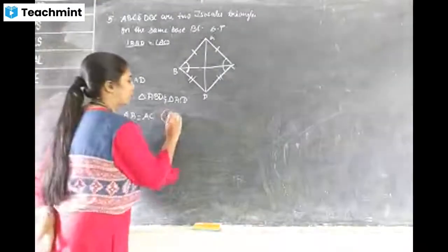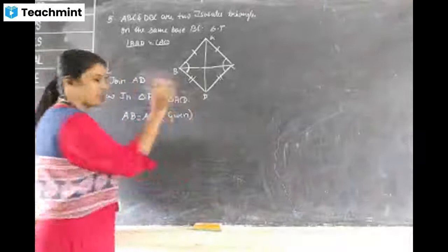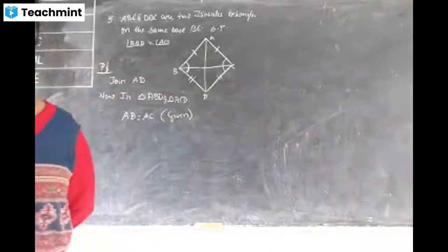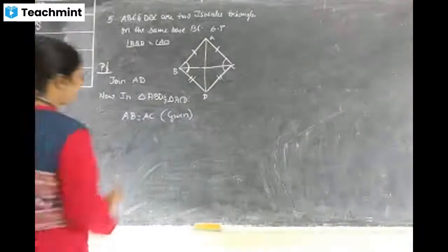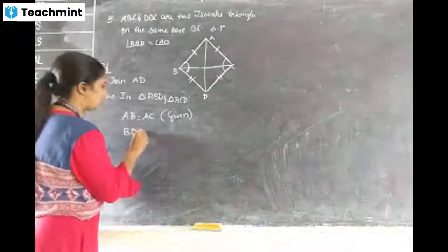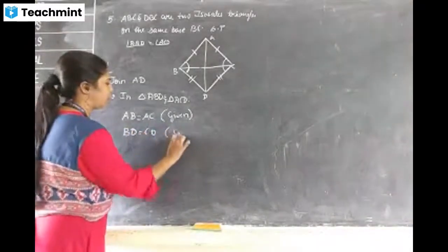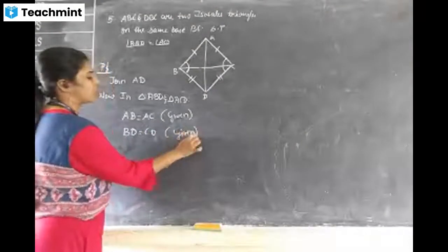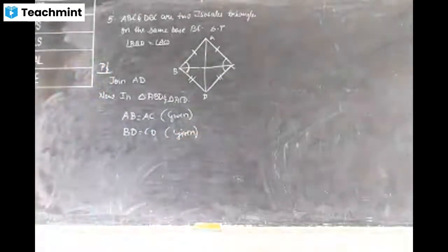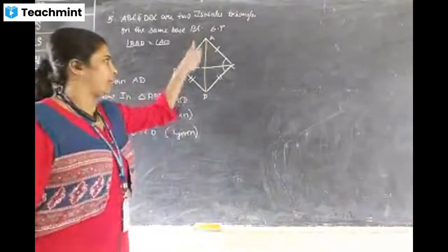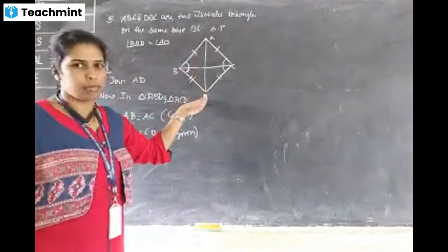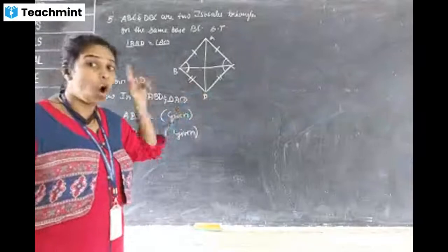Yeah, good. Okay, one is finished. Next, BD and CD. BD is equal to CD. Same thing, given. Now one more. AD is common. It's by the construction.